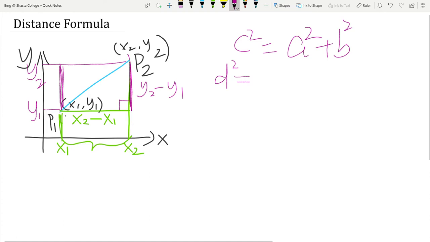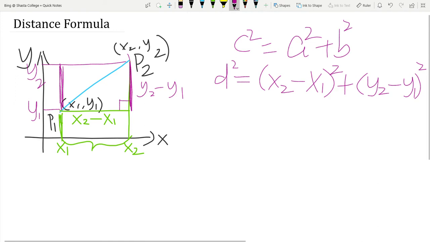So the first leg, let's use this leg as our first leg, which is x2 minus x1. So first leg squared will be x2 minus x1 squared. Okay, so plus the second leg, which is y2 minus y1, second leg squared.